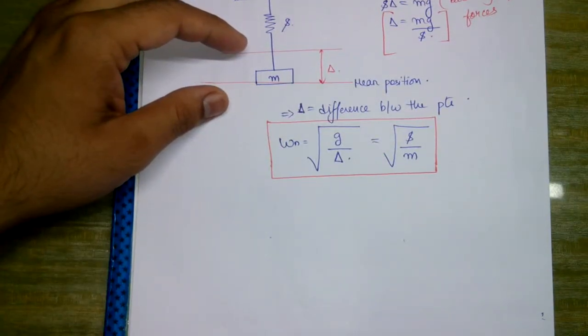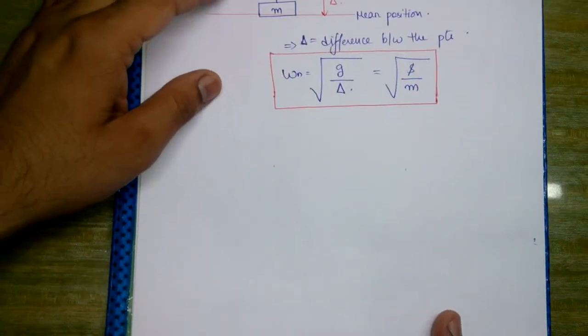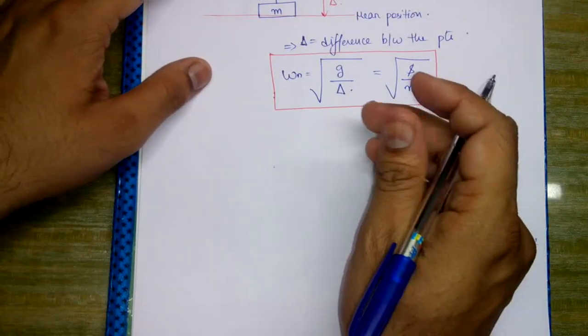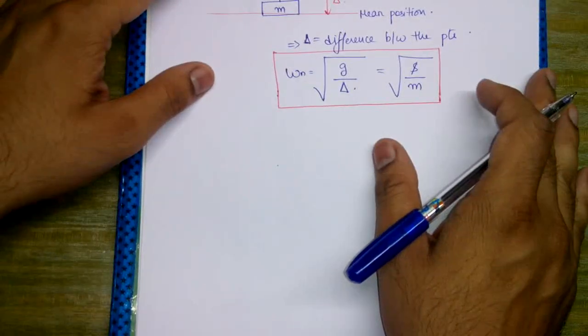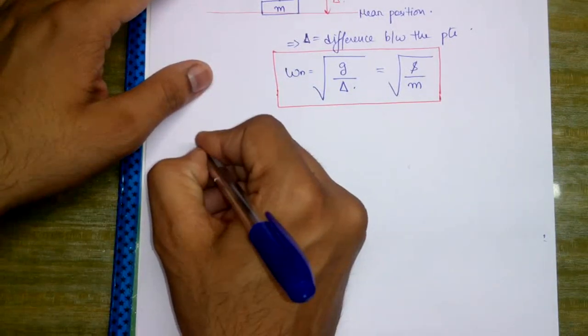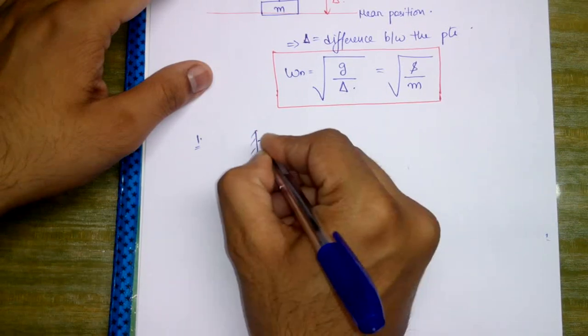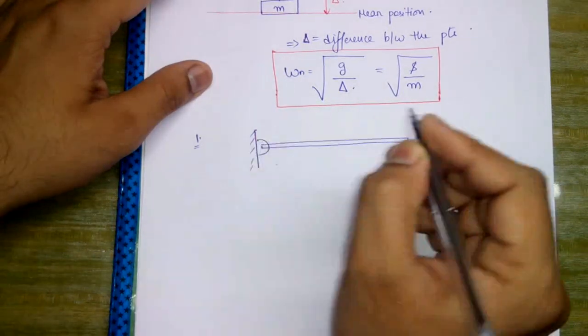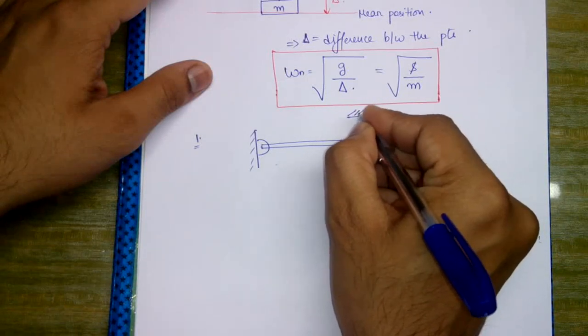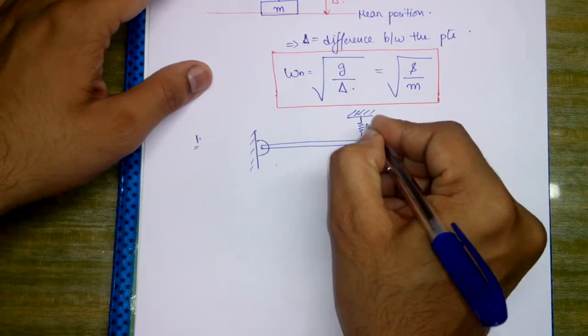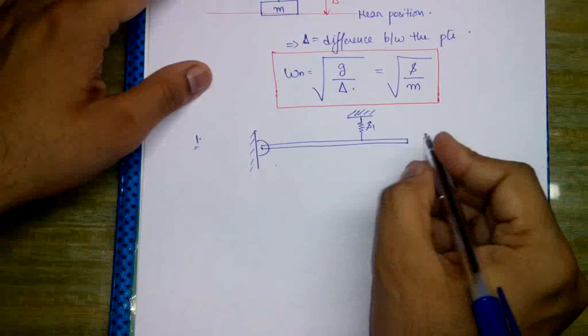Okay, now I will discuss some problems which are very important, and generally only those types of problems are asked. The first type of problem that I will discuss is this. A spring has been given of stiffness S1.